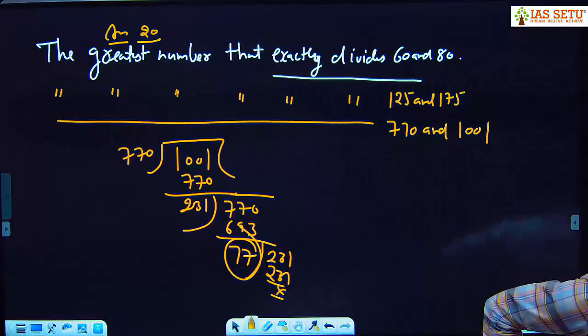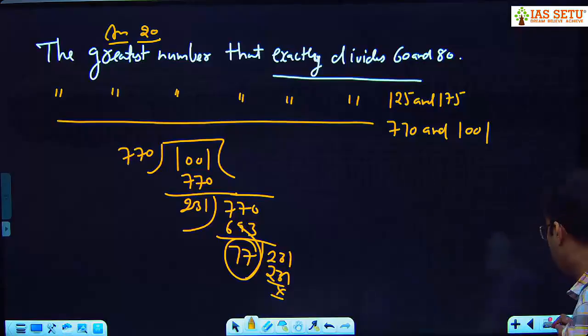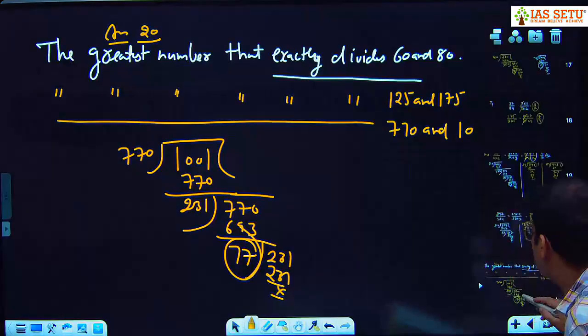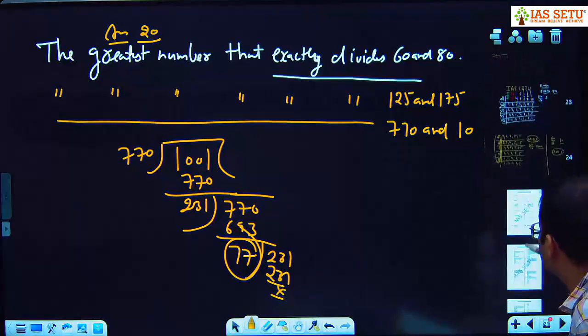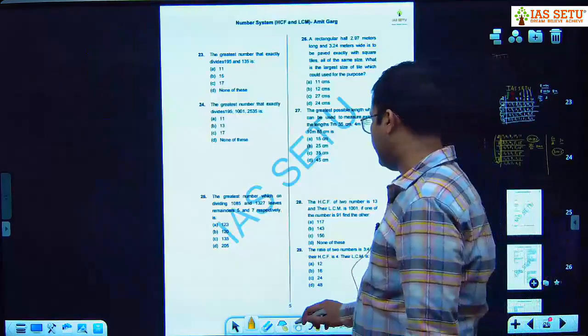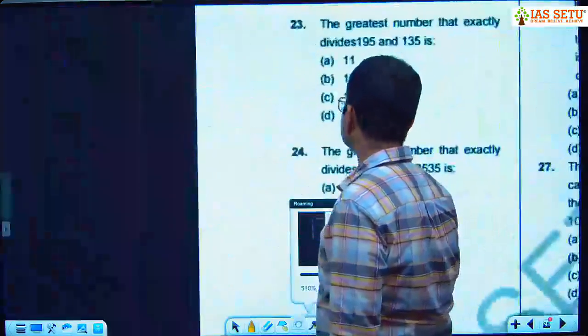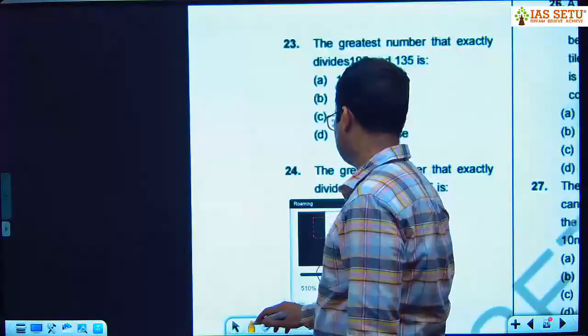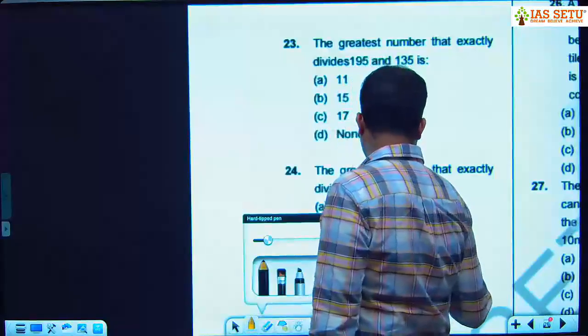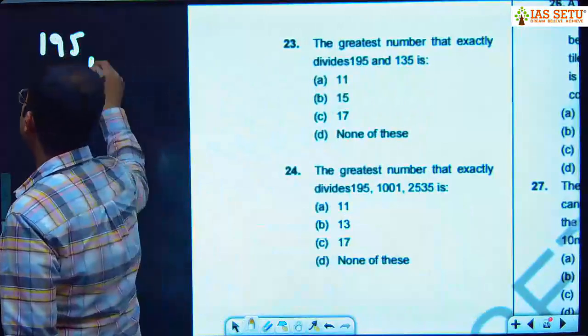Fine. Let us do some questions from our handout. Page number 5 of our handout. Question number 23. The greatest number that exactly divides 195 and 135. So we are looking for the greatest number which exactly divides 195 and 135.